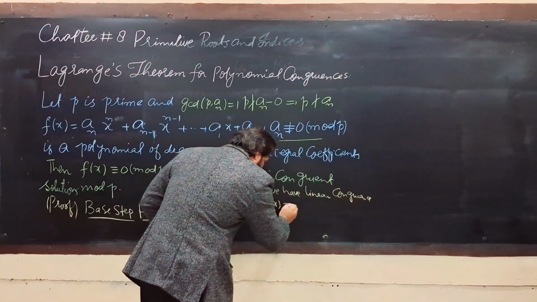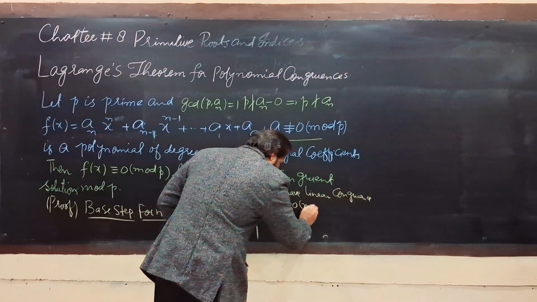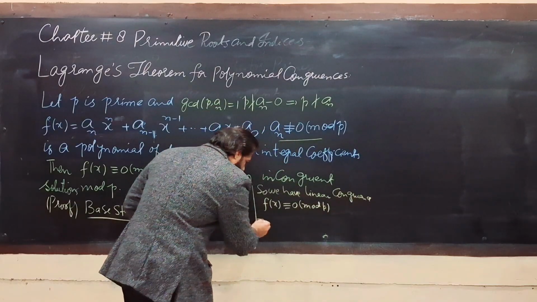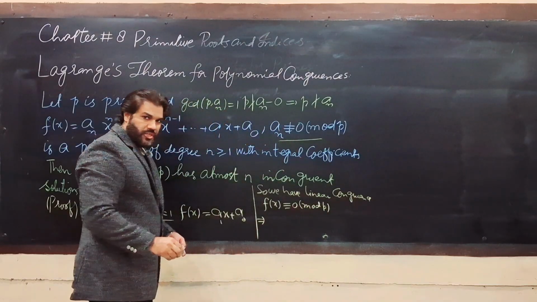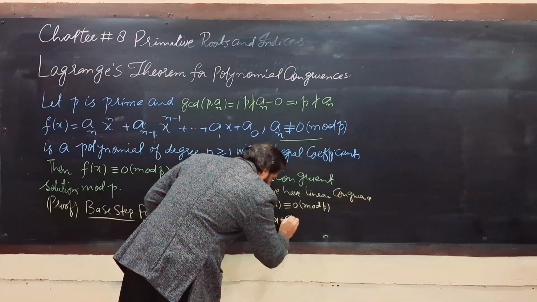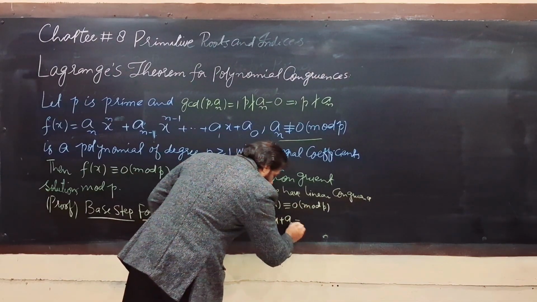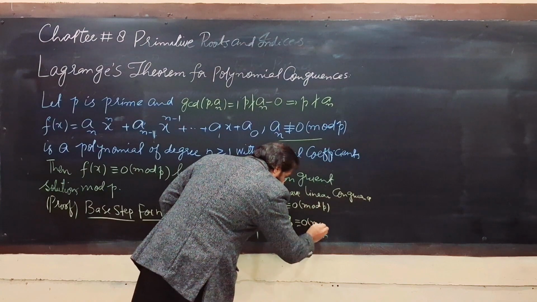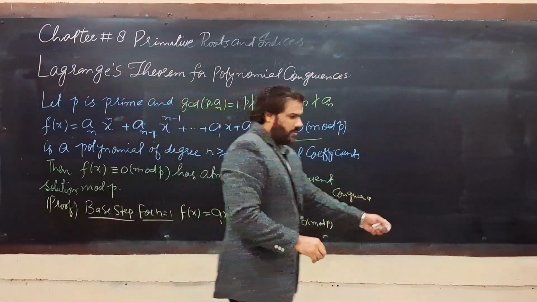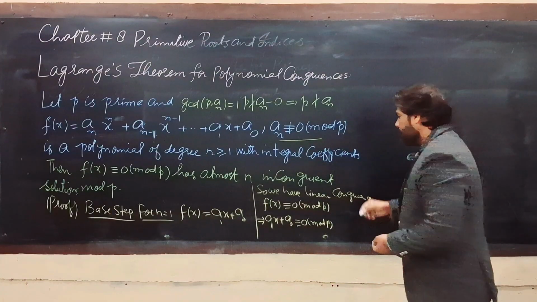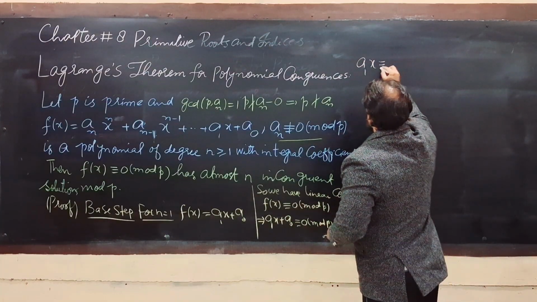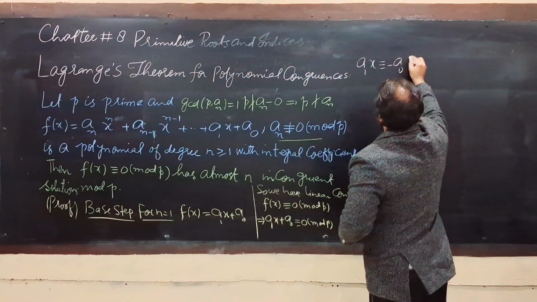We have a linear congruence given by f(x) congruent to 0 modulo p. In this case, our f(x) is a linear polynomial, so this becomes a_1 x plus a_0 congruent to 0 modulo p. And this can be written as a_1 x congruent to minus a_0 modulo p.